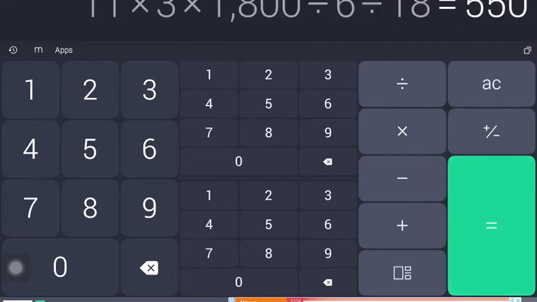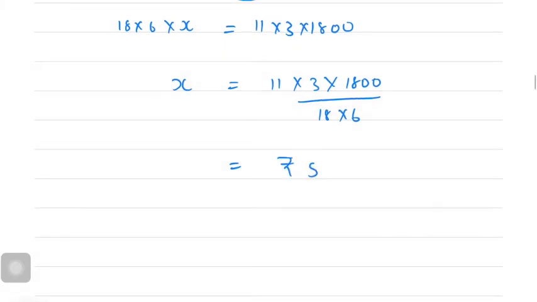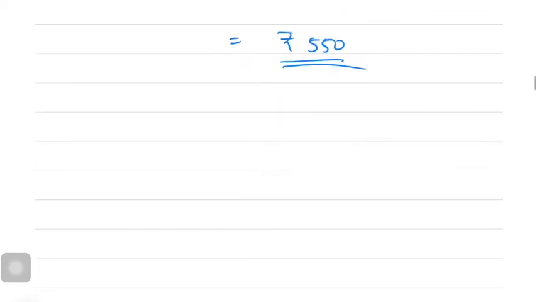Okay, so it comes to 550. So x is equal to rupees 550. So expenditure of 11 people for 3 days would be rupees 550. Okay.